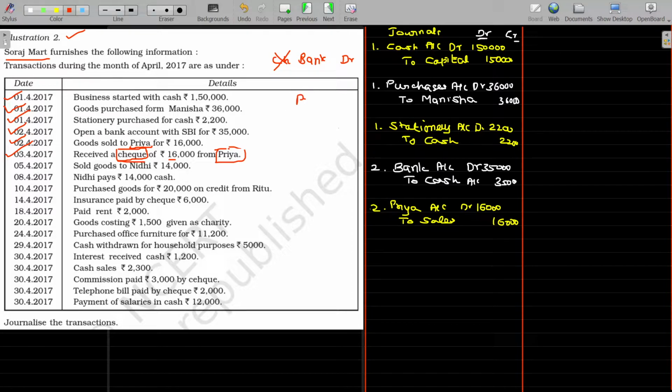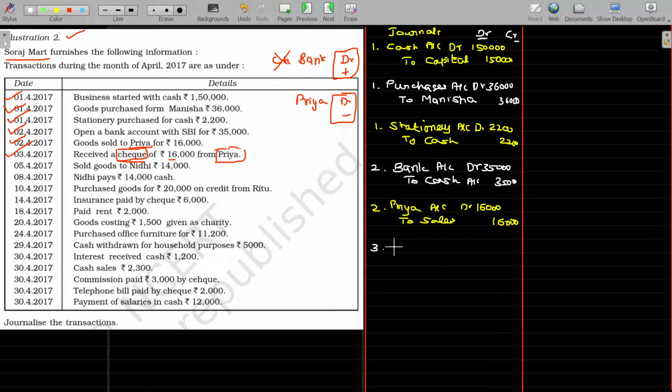And Priya has to pay us, so debit balance. Because of the payment, the money now comes into your bank account. This debit balance increases. Because of the payment, the due payable by Priya will be reducing. To increase the debit balance, you have to debit it. To decrease the debit balance, it should be credited. So Priya should be credited, bank account should be debited. So it happens on 3rd April.